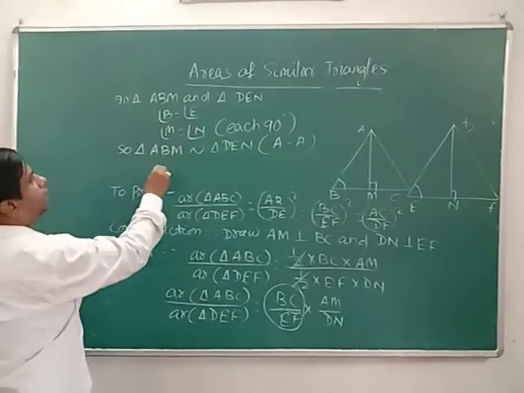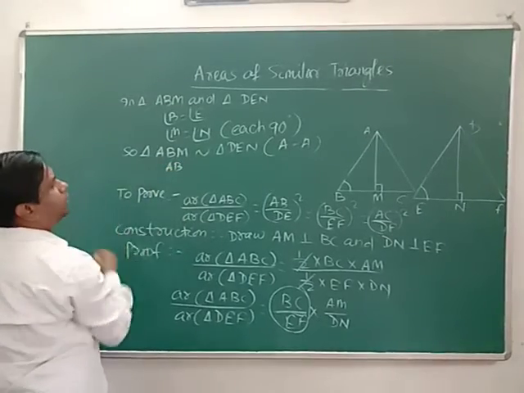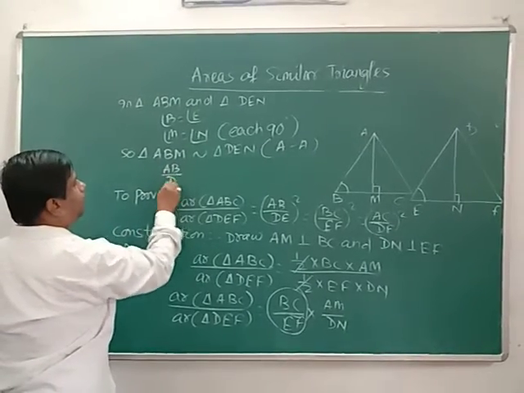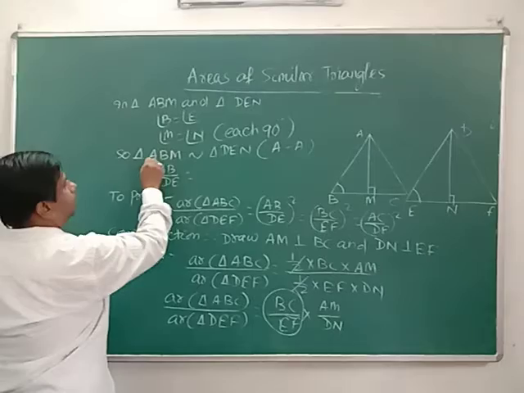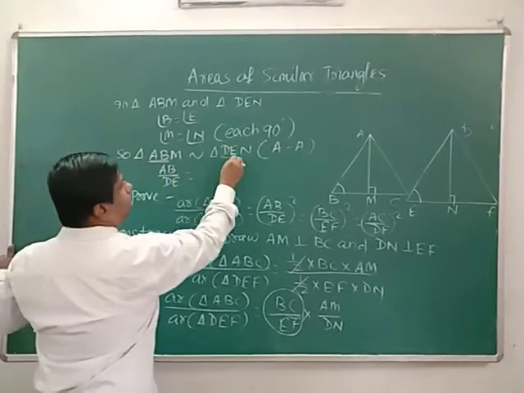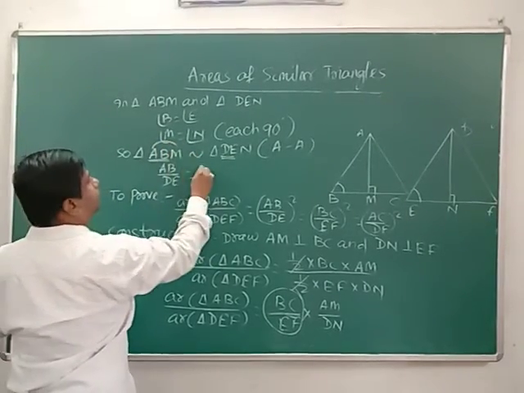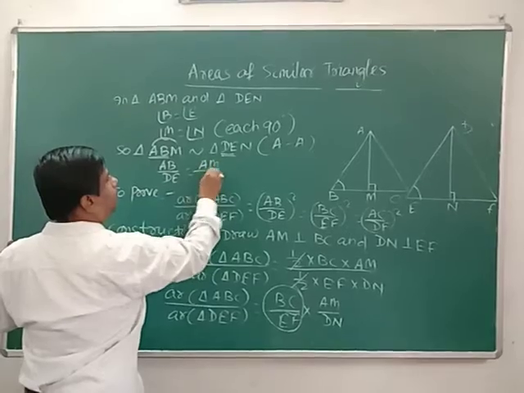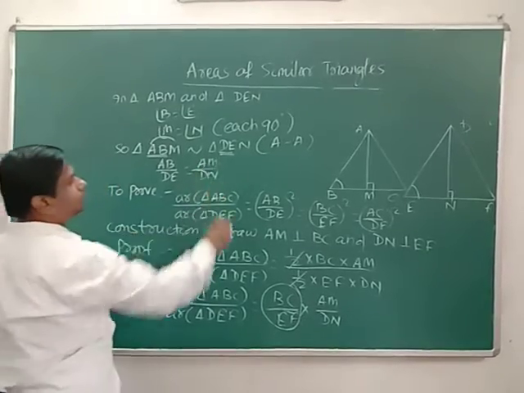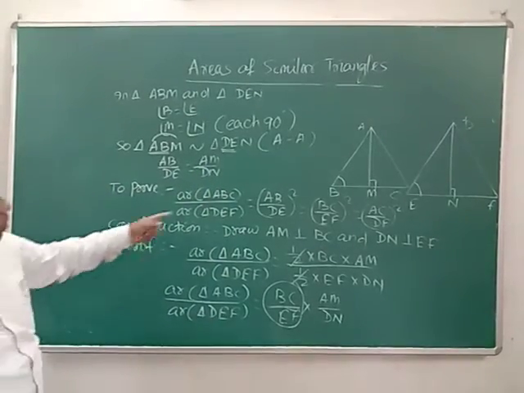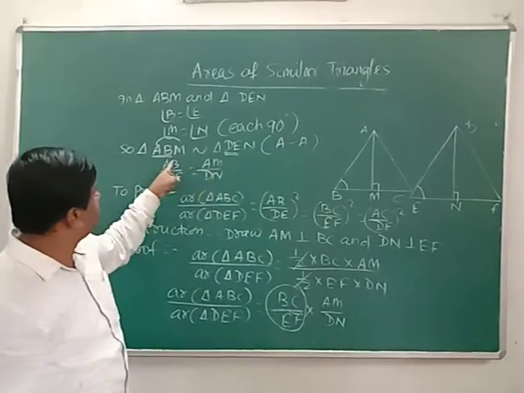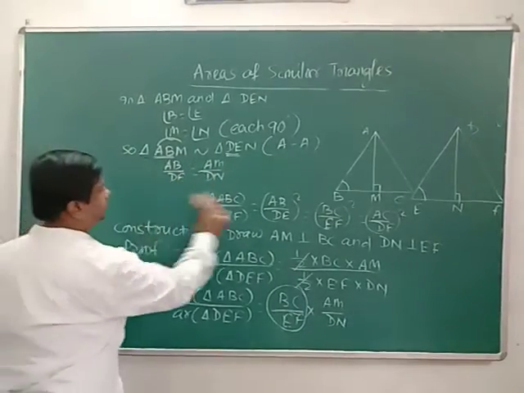As they are similar, their corresponding sides are in the same ratio. That is, AB upon DE, and then AM upon DN. So I have got AM upon DN is equal to AB by DE.